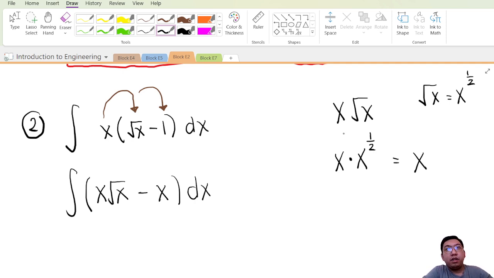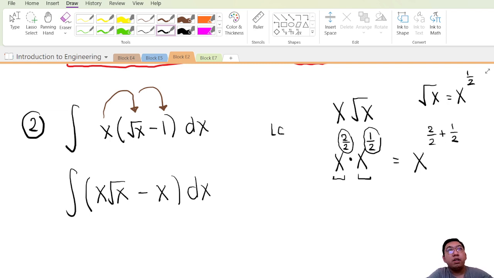So remember that x here has an exponent of 1, okay? Or it can be written in terms of fractions as 2 over 2. Of course, I need to use a fraction that has the same denominator as x to the power of 1/2, and that is 2 over 2. So according to the rules of exponents, if you multiply the same base with different exponents, these are added, right? This is a law of exponents.